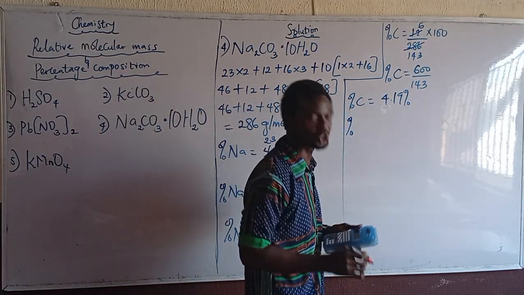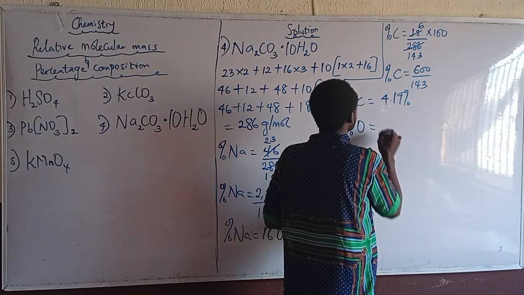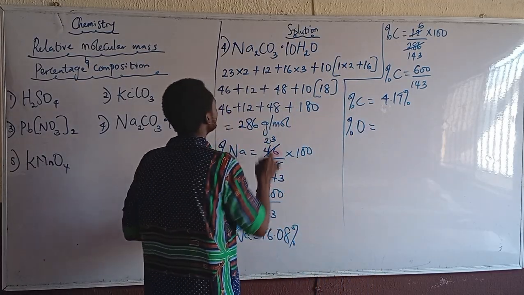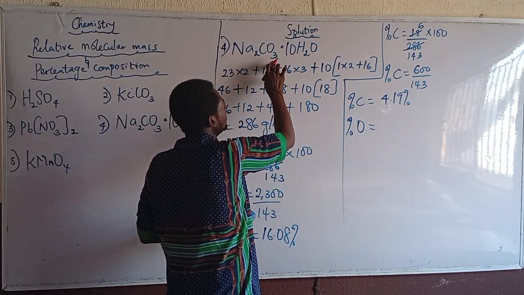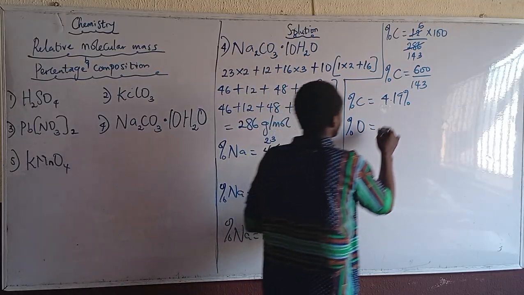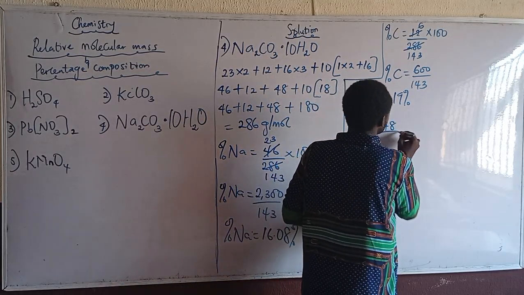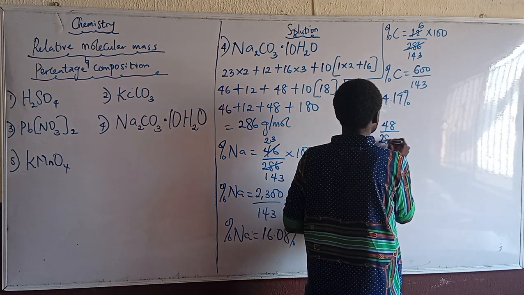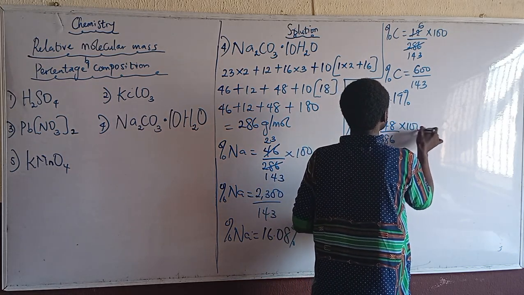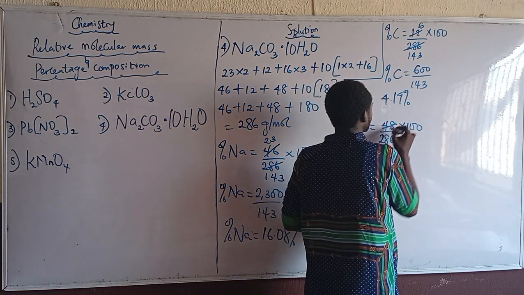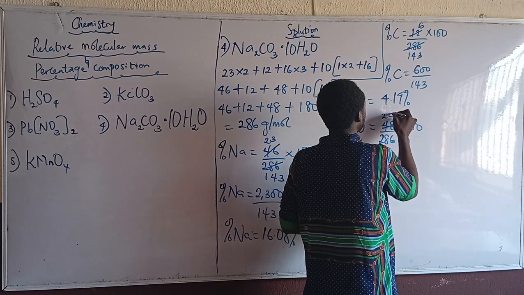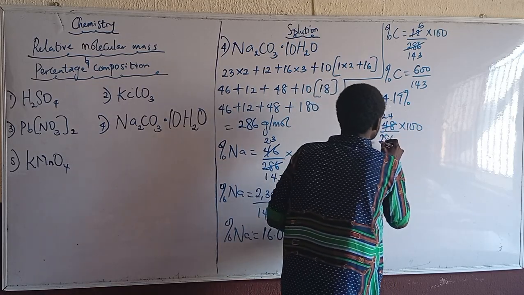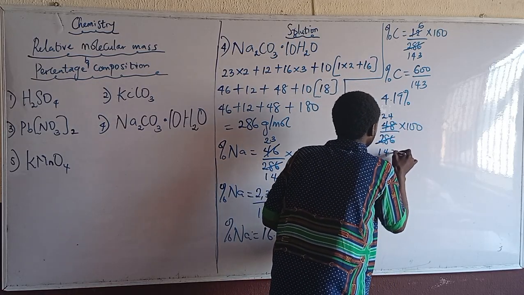So I move to oxygen. Percentage composition of oxygen. Oxygen is 16 times 3, that is 48. That is 48 divided by the total, which is 286, multiplied by 100. Dividing by 2, we get 24 and 143.